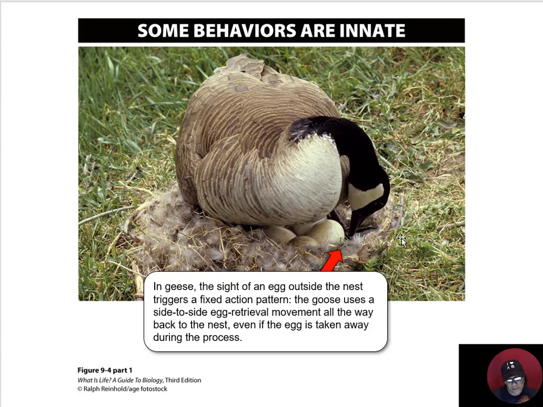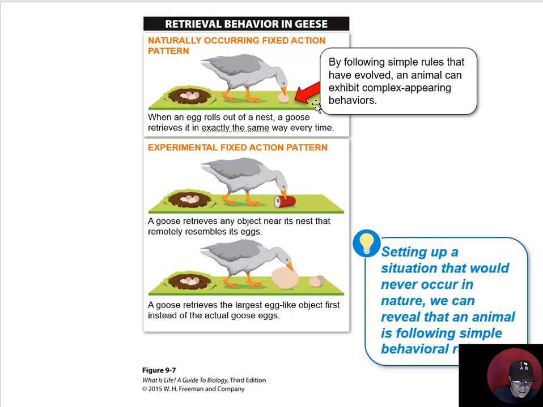And so the first thing that we think as humans is, oh, she really loves that egg. Look, she came out of the nest. She scoops it back in with such care, right? But it turns out she would do that same behavior if you put a rock outside the nest, or a tin can outside the nest.